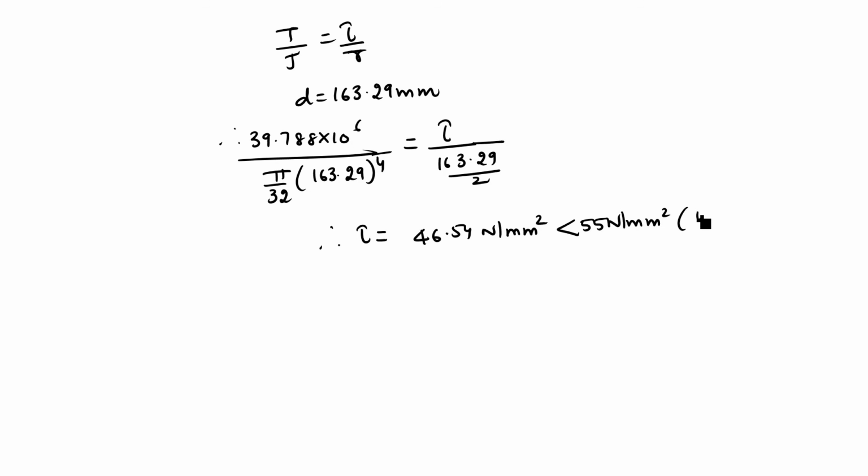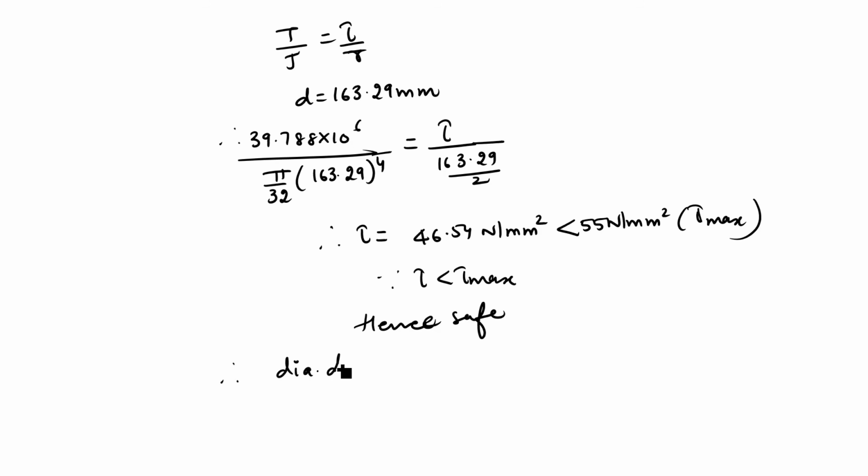That is my tau max. So since my tau is less than tau max, hence this diameter is going to be safe. So therefore my diameter D is equal to 163.29 mm. This is the chosen value of the diameter for this question.